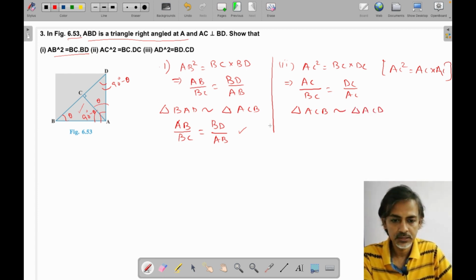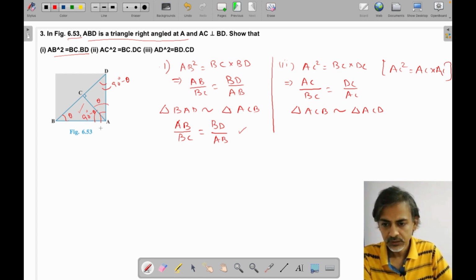This implies that in this triangle, AC is opposite to theta, so AC divided by what is opposite to theta here, which is CD. So we'll write AC upon CD or DC, equals BC, because BC is opposite to 90 degree minus theta, and then what is opposite to 90 degree minus theta over here is AC.